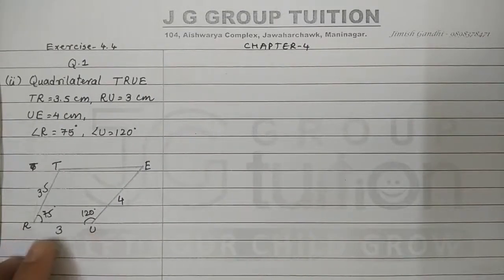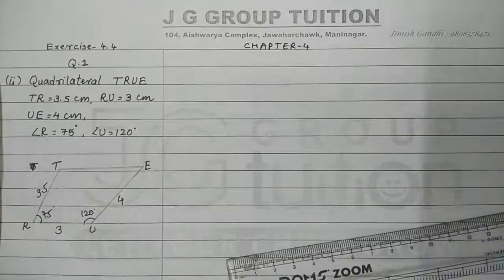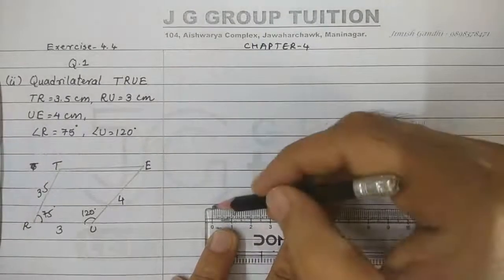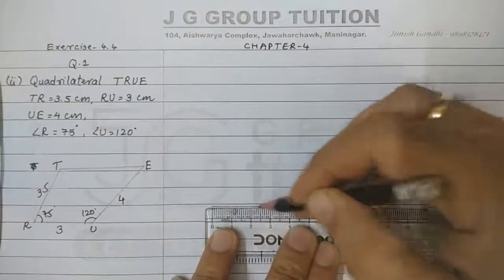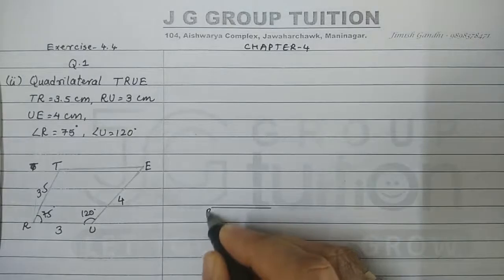So obviously we'll start with RU, that is 3 cm. So let's construct RU of 3 cm. This is a 3 cm line segment. This is point R. This is point U.